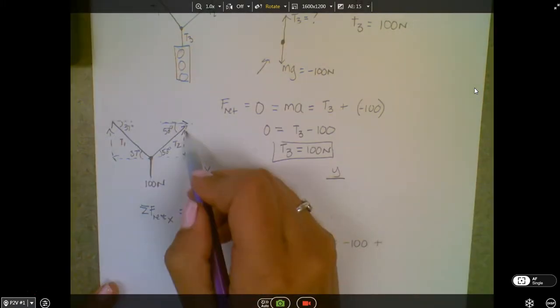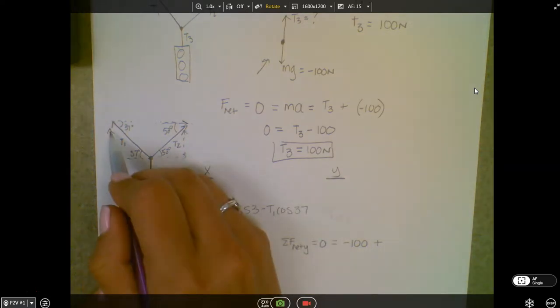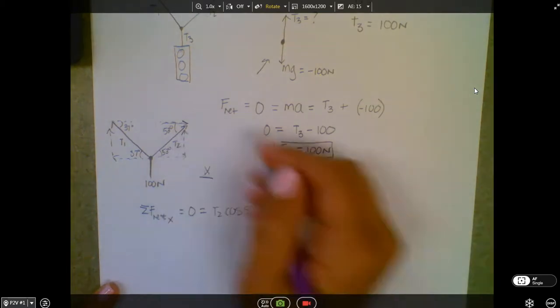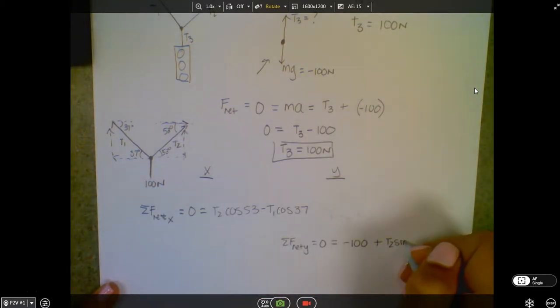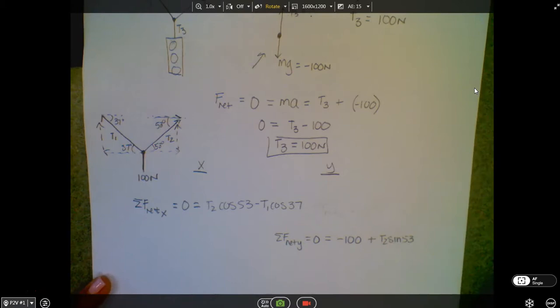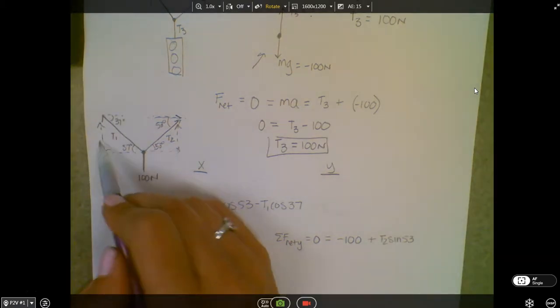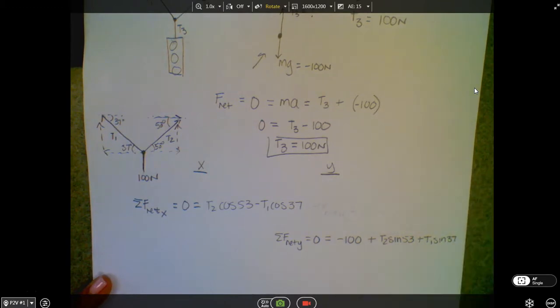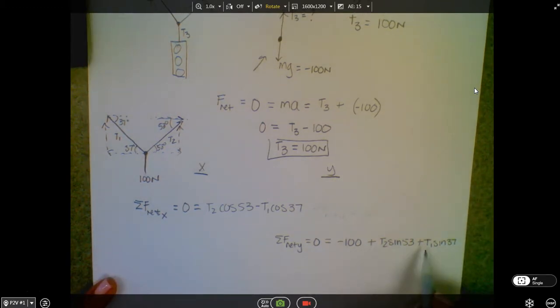So I have the y direction of T2, and I have the y direction of T1. So over here it would be T2 sine 53. And over here I would have T1 sine 37. And they're both positive because they're both pulling up. So I have my down plus my ups, and they have to add up to 0.